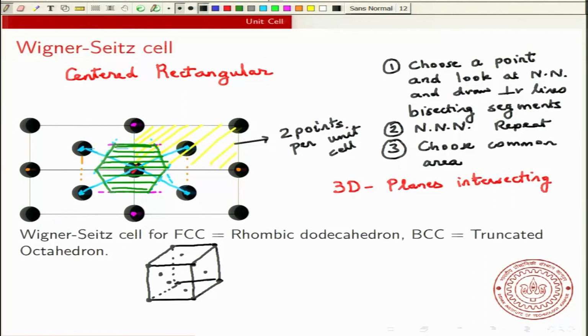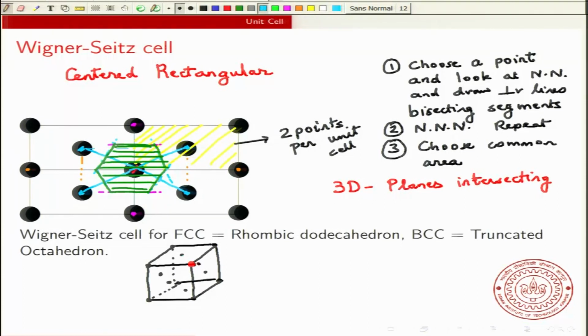So if you had a face centered cubic lattice, then if you take any point, let us say you take this point in red, and you look at its nearest neighbors, it will actually have a total of 12 nearest neighbors.